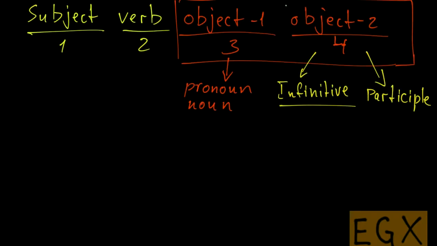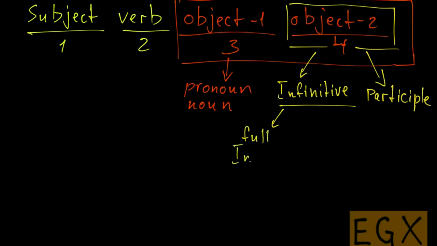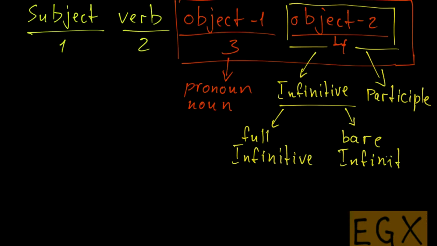So, I can use my infinitive in two ways. The first way is the so-called full infinitive, and the second way is the so-called bare infinitive. It's the infinitive without to.